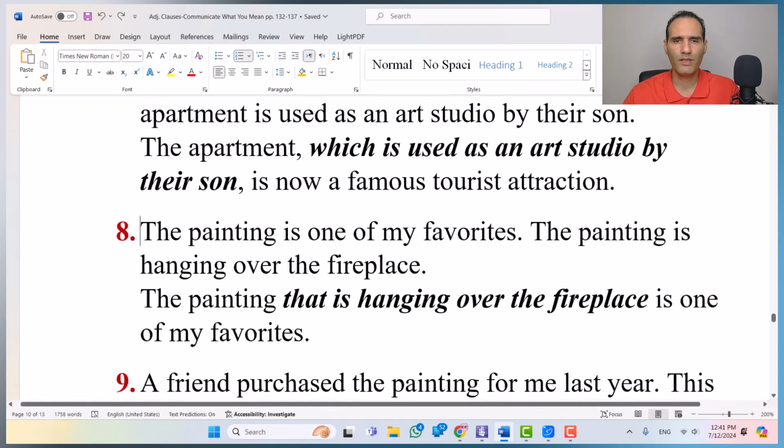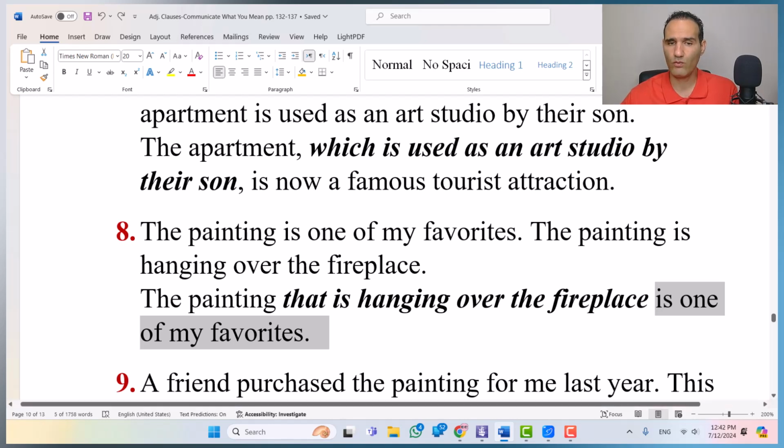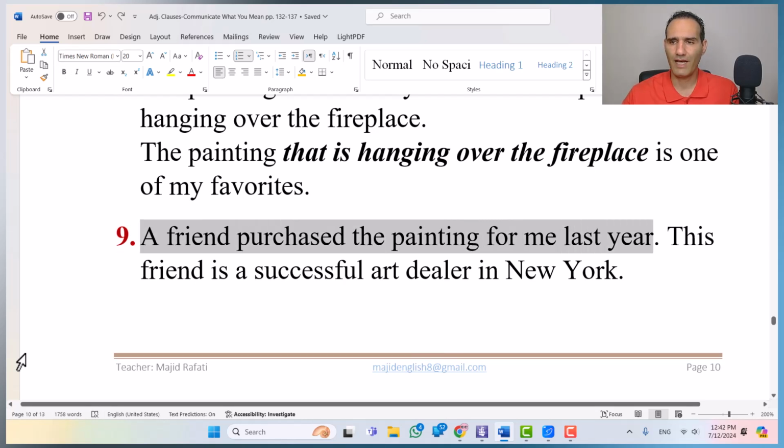Number 10, the painting is one of my favorites. The painting is hanging over the fireplace. So there are several paintings in that house. The painting that is hanging over the fireplace is one. So separating one from a whole. A friend, number 9, purchased the painting for me last year.